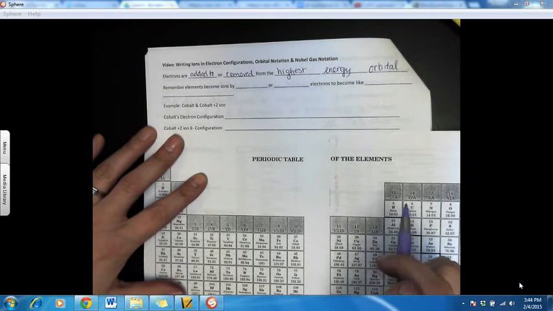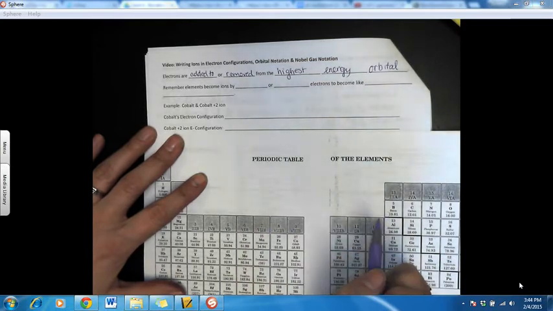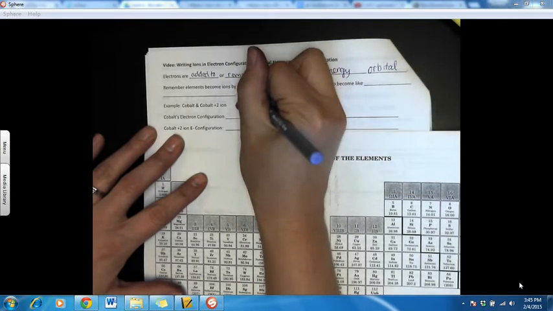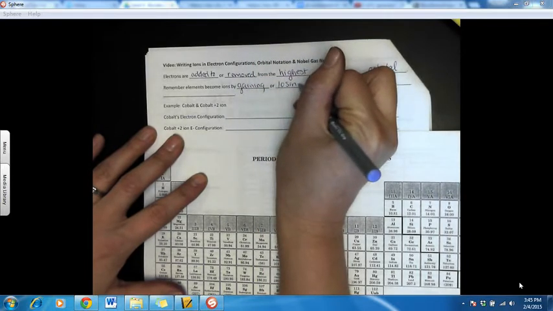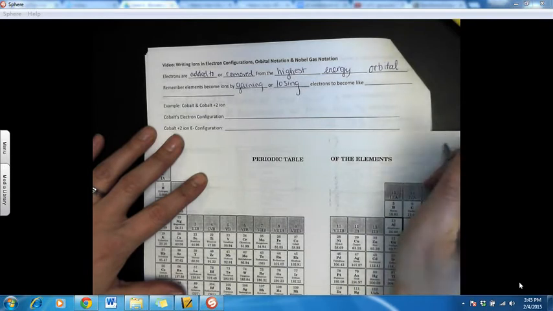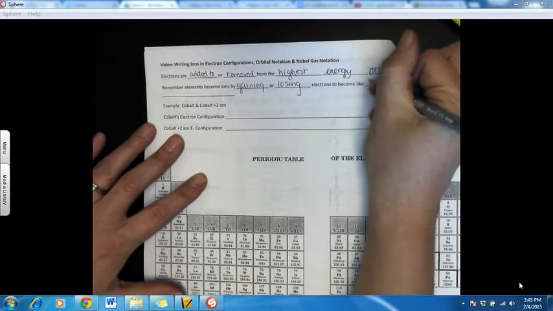Remember that elements become ions by gaining or losing electrons to become like their closest noble gas.